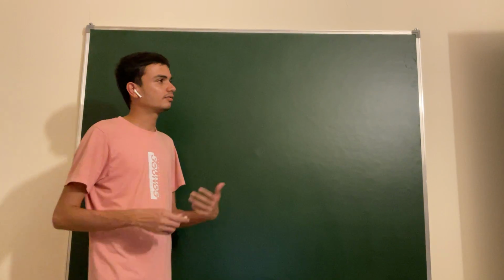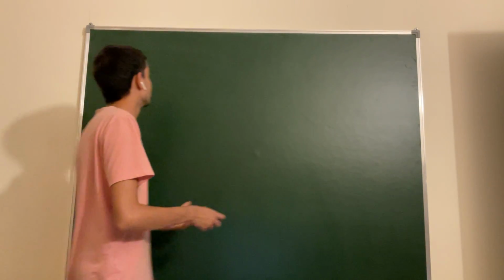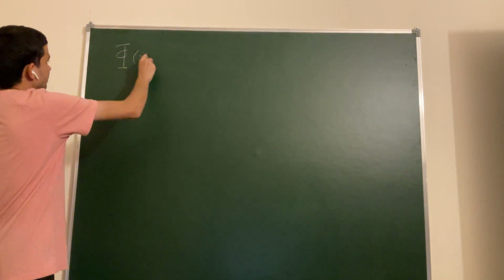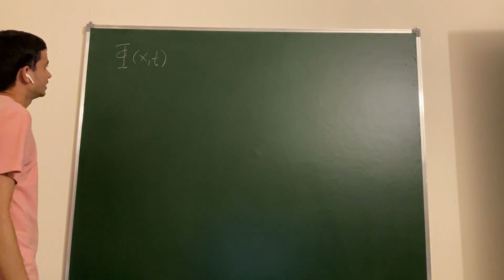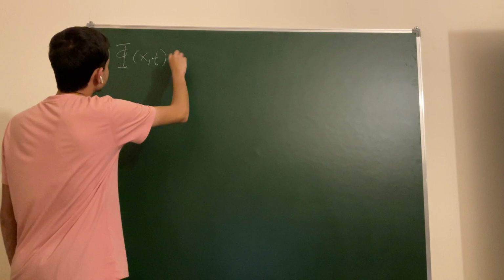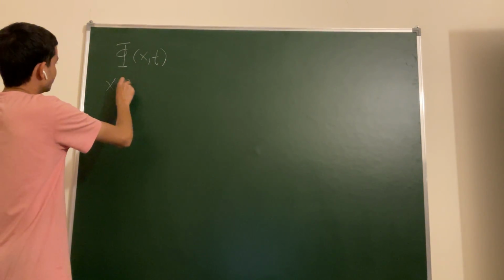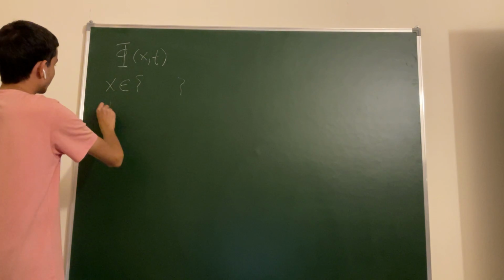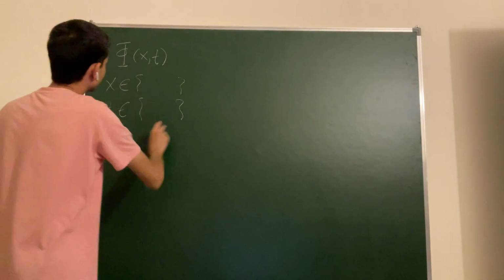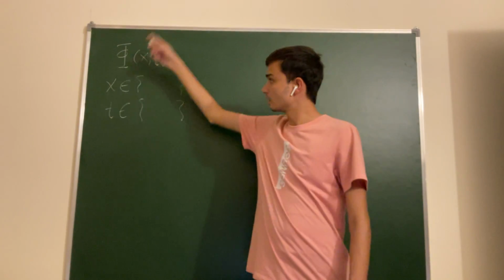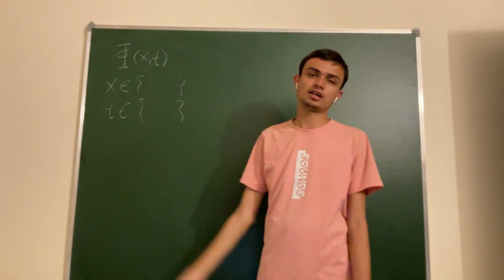So what is a field? A field is something like phi, which is a function of x and t. You define a domain where x belongs to some set of values and t also belongs to some set of values, and phi can take all values for each x and t combination.